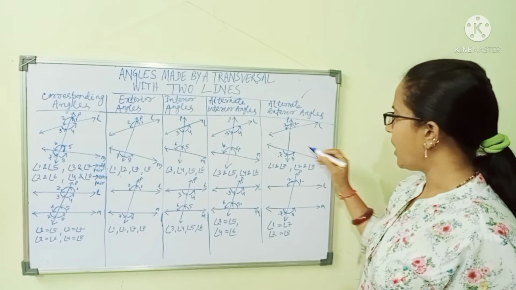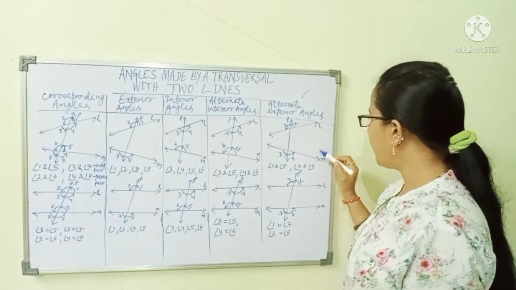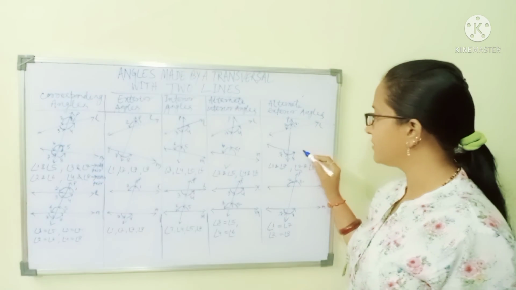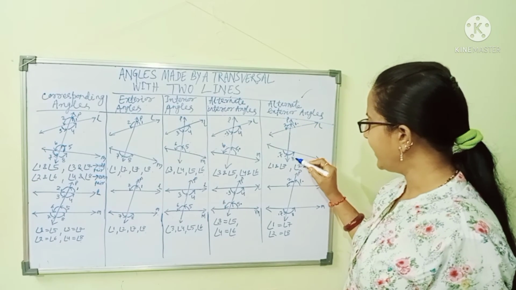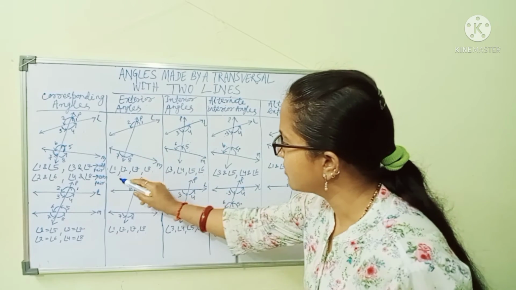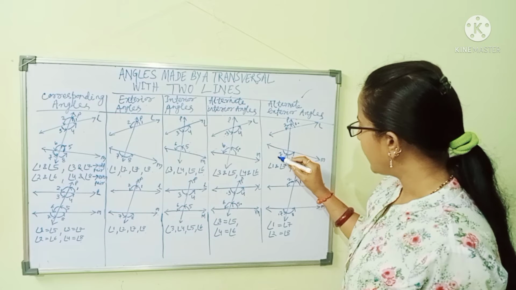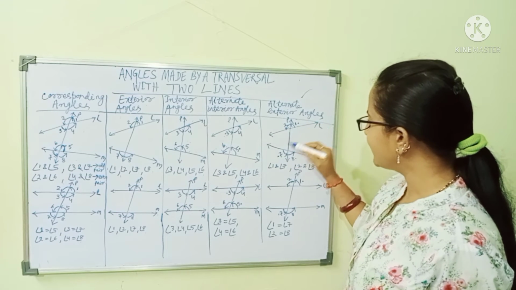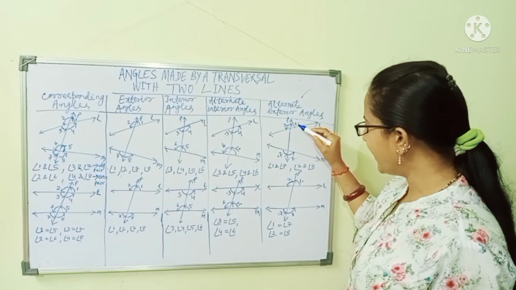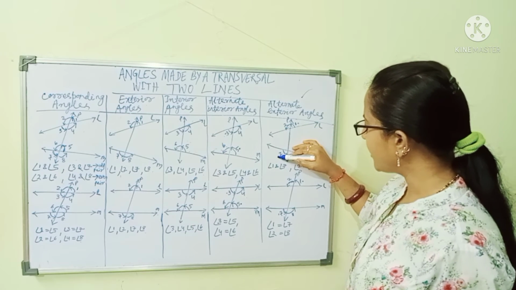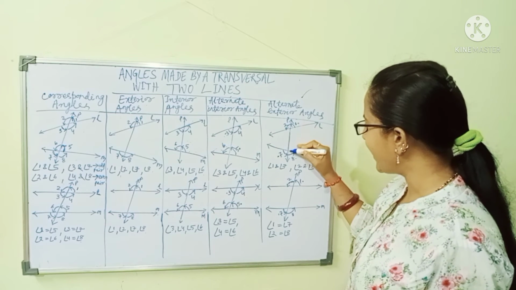When L and M are two non-parallel lines and P is the transversal, then 1, 2, 7, 8 are the exterior angles. Then 1 and 7 are alternate exterior angles because they are exterior angles and they are present on opposite sides of the transversal line.